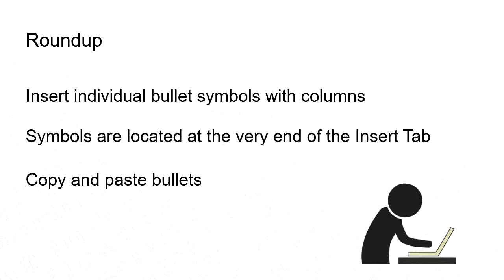But if you need to add bullets this way, just remember to position your cursor, put in the symbol, use copy and paste to get the bullets where you want them. The hardest part is probably going to be dealing with the spacing. Don't forget that you can always undo. Undo works really well in Word. It can be done. It may be a little messy, but just keep working with it and you'll get it.